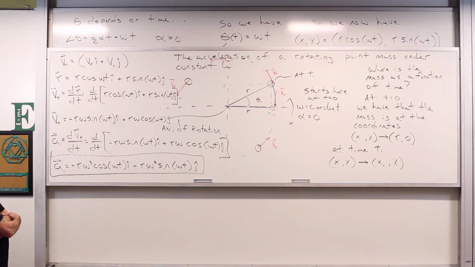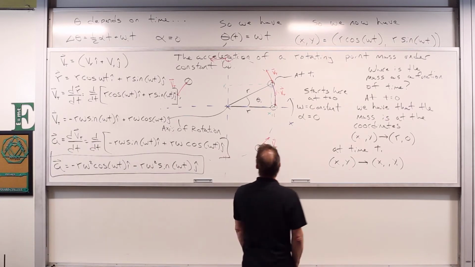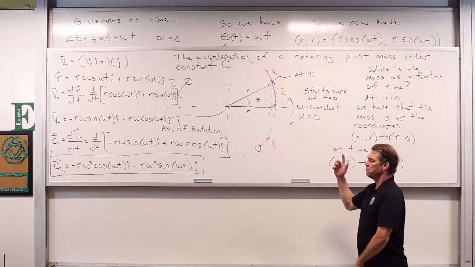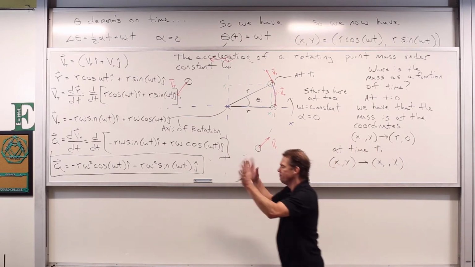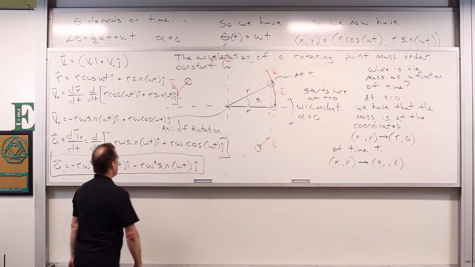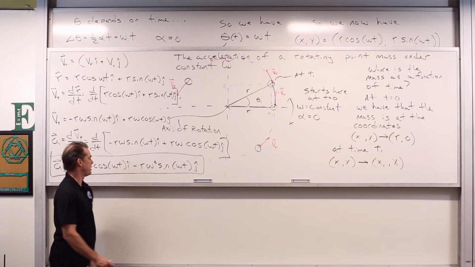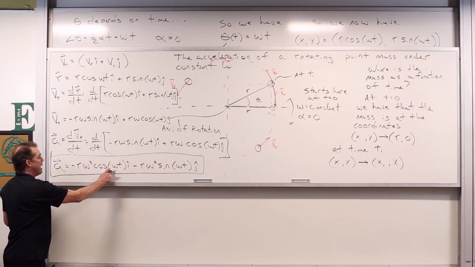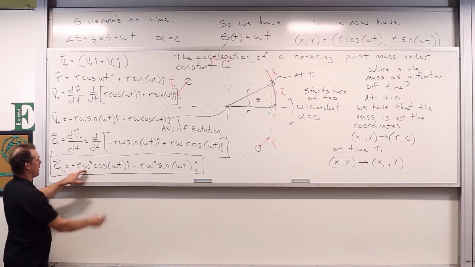Let us take a little bit of a look at this. Let's look at its direction at some different positions in space. So let's say, again, t equals 0. What is the direction of this acceleration vector? We're sticking 0 here. There is no j hat component, since sine of 0 is 0. We stick in 0 here, and we get that the acceleration is negative r omega squared i hat.